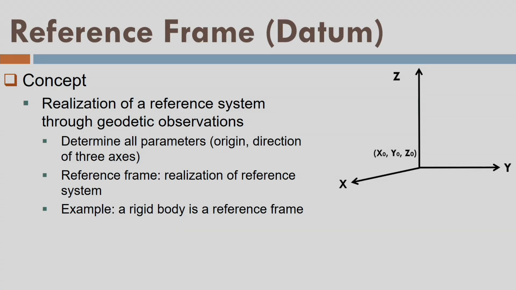Okay, let us say that you are observing some points on the surface of the Earth, and using those observations you are trying to find out a reference frame or a reference system. What does it mean? You are trying to find out where the origin of the reference system is and how the three orthogonal axes are oriented. So the moment you realize or determine this, the definition we got in mathematical terms will be called reference frame.